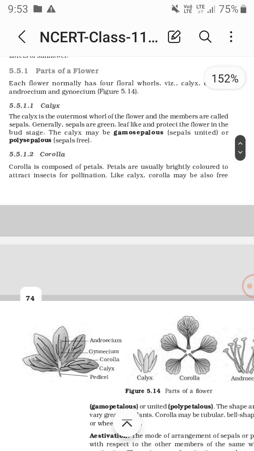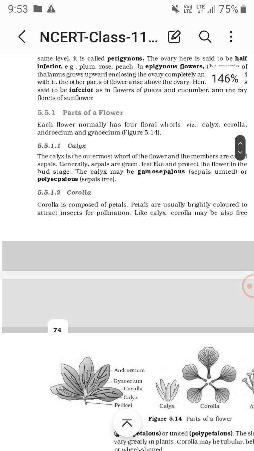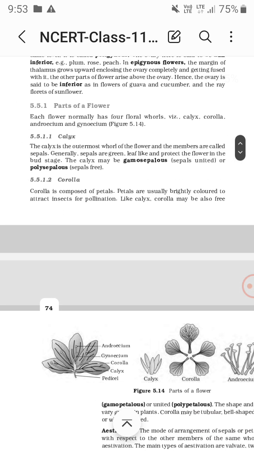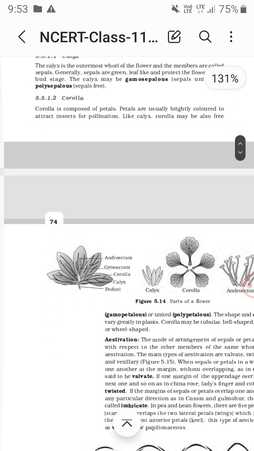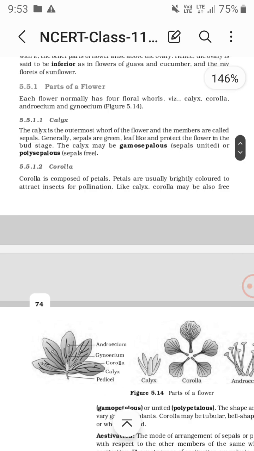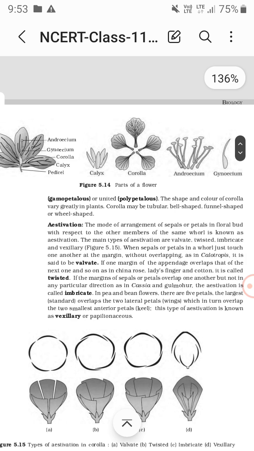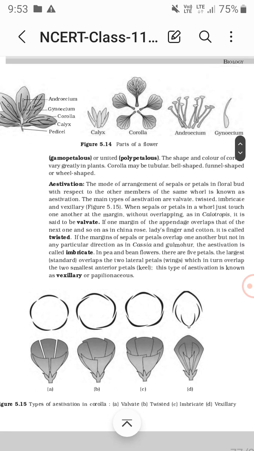Now parts of the flower include calyx and corolla. You see, so calyx can be gamosepalous or polysepalous. In gamosepalous, sepals are united, in polysepalous, sepals are free. So corolla, gamopetalous, polypetalous.